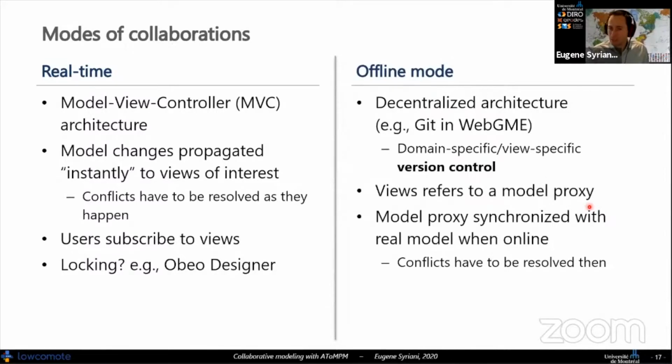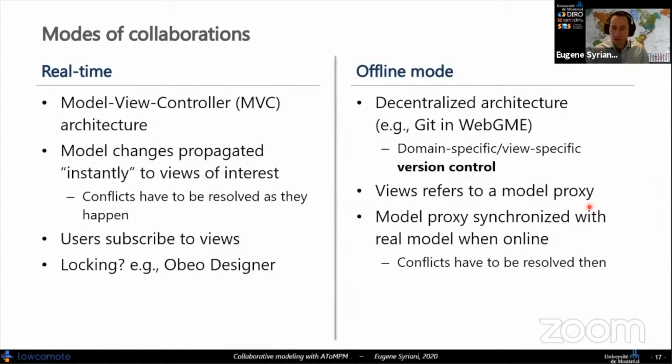So in this case, we have multiple views, but we're not necessarily working at the same time on our views. And usually this follows a decentralized architecture, for example following Git, like WebGME uses. And we have domain-specific or view-specific version control systems that allow you to synchronize, commit, and basically merge the different changes.